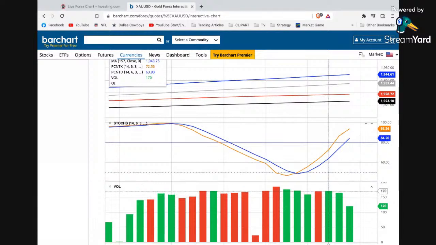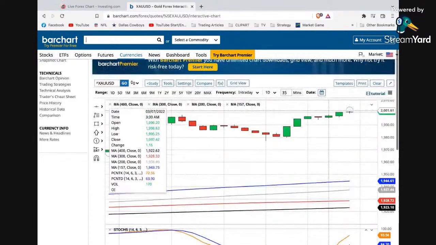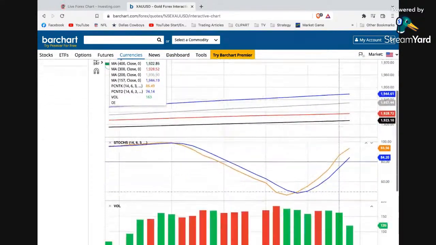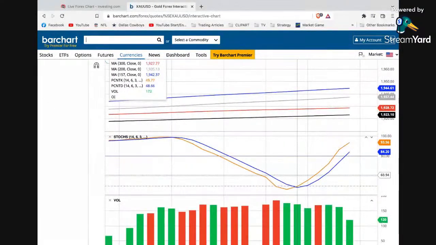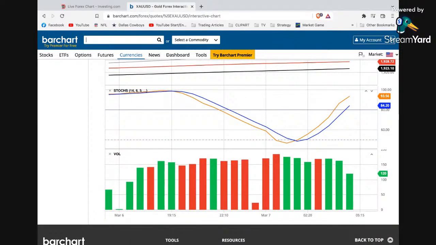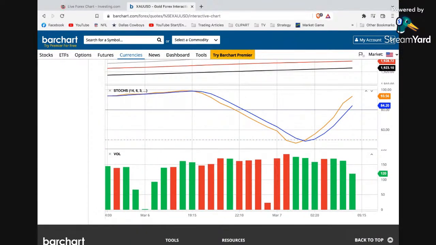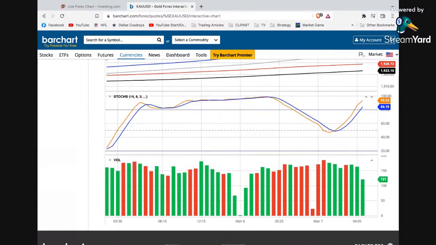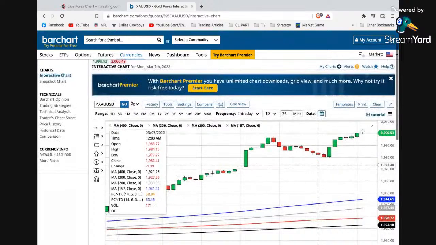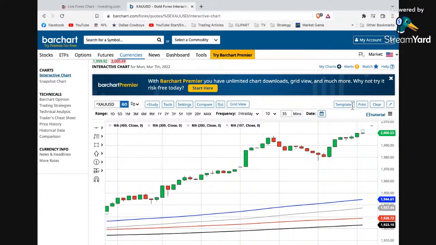So we're starting to see the volume go down while the price goes up. That's not good. Now, in and of itself, it's not a reason to say, got to get out now, because volume divergence can last a while. But in general, in the context of what's going on and the historic negative relationship that gold has with the dollar, you have to take all of that into consideration.